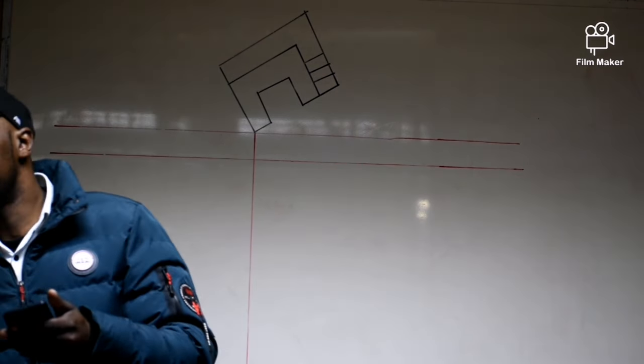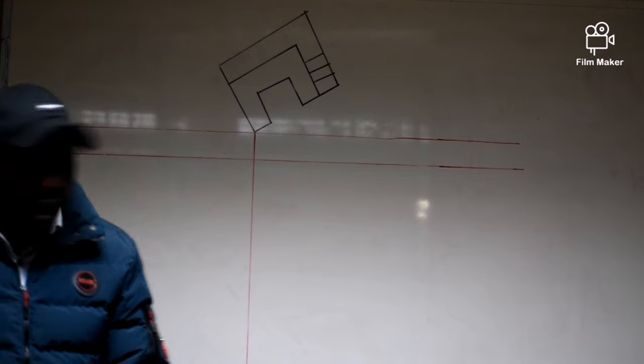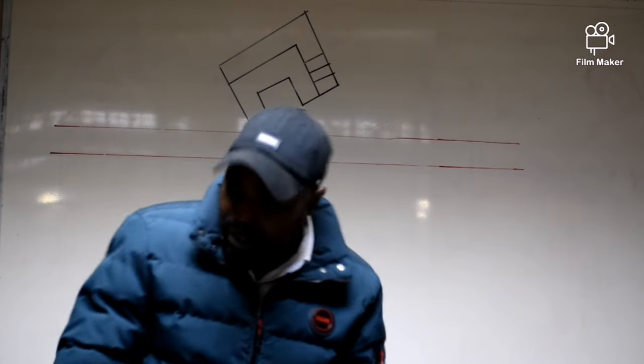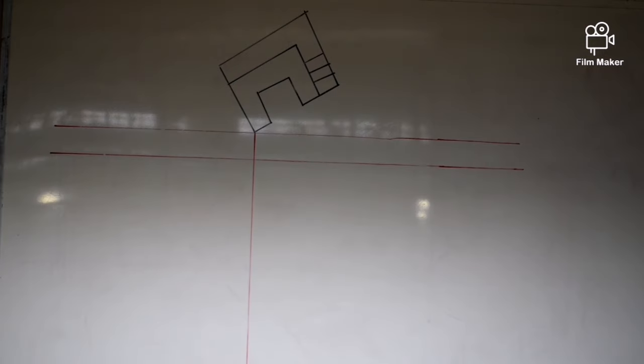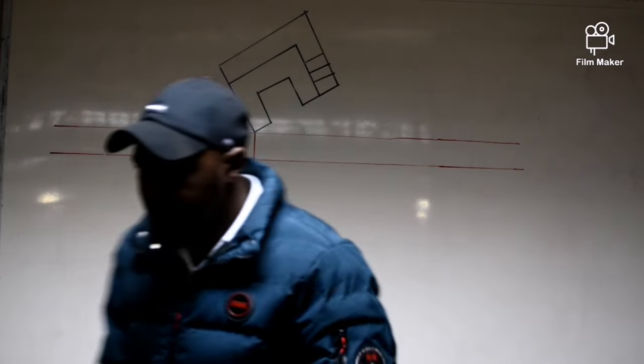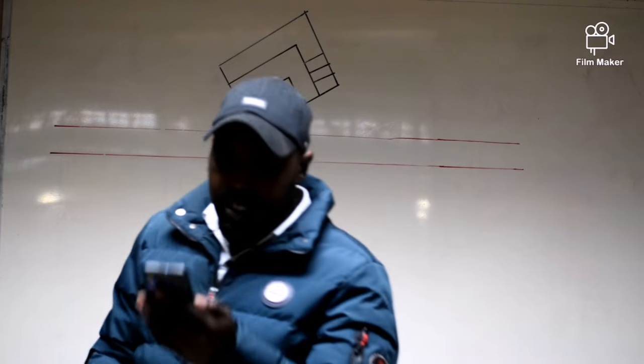So what we are drawing is a machine block, my brother. To go down here, measure 15 millimeters from here to here, 15 millimeters. From here going down, measure 15 millimeters. You understand?